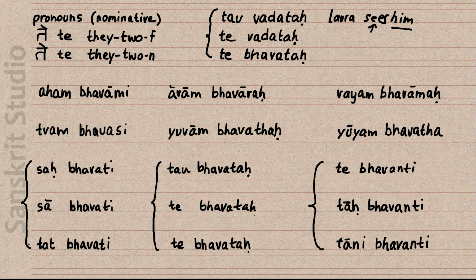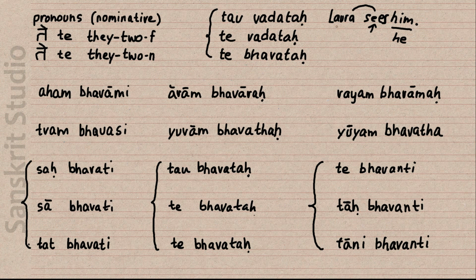Laura sees him. So it's Laura who sees. These are intimately connected. Laura is the subject of the sentence, and him is the object. And him is different from he, right?